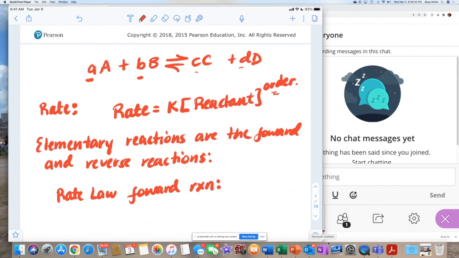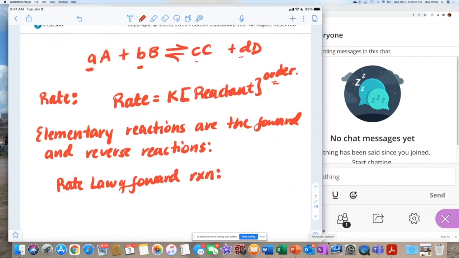I'm going to write shorthand so I can go through this quicker, right? Rate law of the forward reaction. So if this is the forward reaction, then it's going this way. My rate forward is equal to the constant of the forward reaction, and then my first formula is A raised to the power little a.